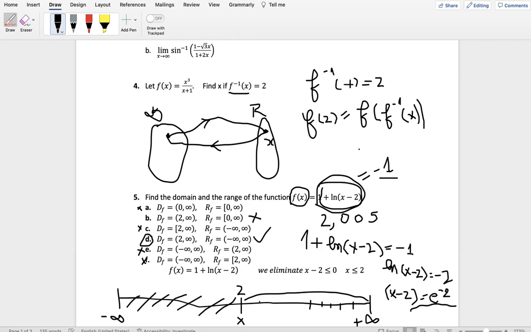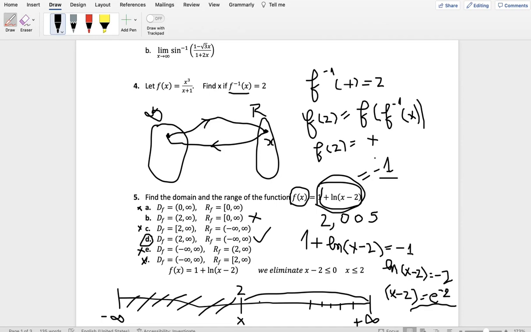Yeah, we understand. The inverse becomes a y, right, or you swap them. And then x now, because remember, f of f inverse of x is just equal to x. So now you have f of 2 is equal to x, because f of f inverse of x is just equal to x.